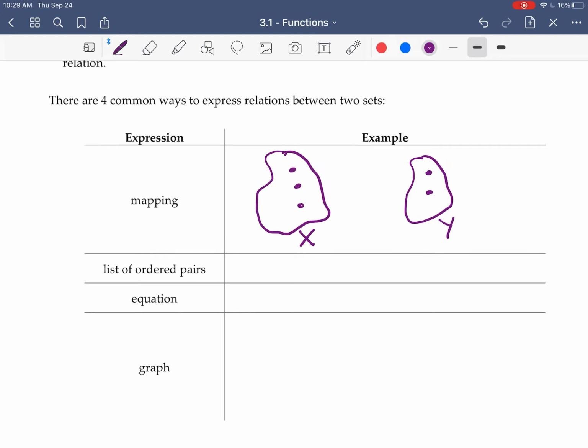Maybe you have A, B, C, and then 1 and 2. Maybe A goes to 1, B also goes to 1, and C goes to 2. So you can draw where each element in your X set is paired with in your Y set.